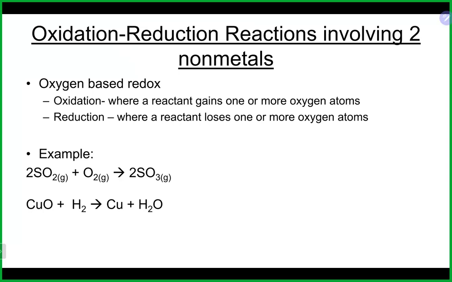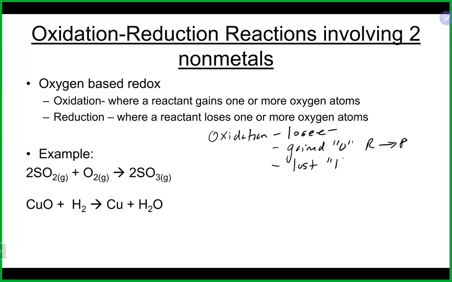So there are a couple other definitions of oxidation. Oxidation, in addition to losing electrons, can also mean that it has gained oxygen as you go from reactants to products. It also can mean that it has lost hydrogen as you go from reactants to products. So those are three definitions of oxidation.